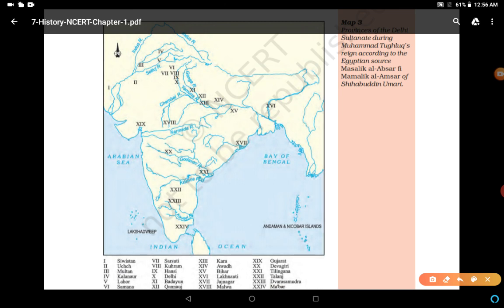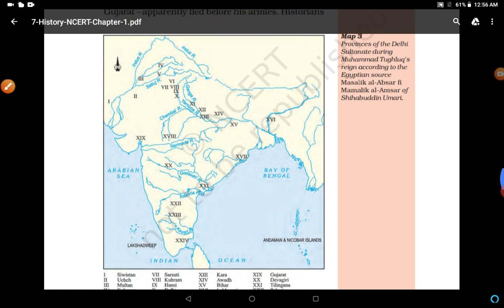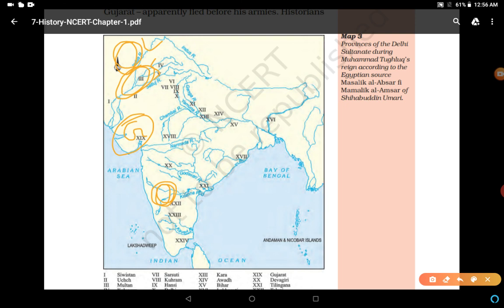For example, the Lahori language was spoken in this region, I am telling you. Yes, this is the map of India. So in this region, the Lahori language was spoken. The Sindhi language region here, and the Dvarsamudri language in southern Karnataka, this area. After that, the Gujari language spoken here, and the Mabari language in this region.